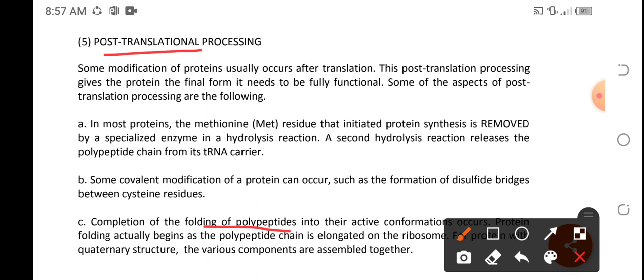Nag-start na siya as the peptides grow, as the amino acids form peptide bonds during the elongation process, meron ng mga folding na nangyayari. Kaya lang yung completion ng folding ng mga polypeptides na to also happens during the post-translational processing. Okay?